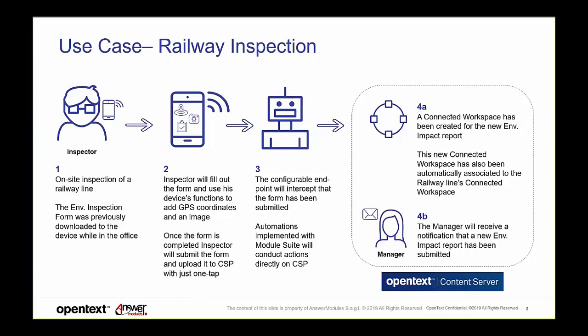Now, to create this environmental impact report, he'll be using his mobile device with the form already loaded. So he'll be filling out the form from his device, and he's also going to be utilizing the device's native capabilities to capture images of that oil spill, but also provide a very precise GPS location of where that issue is located.